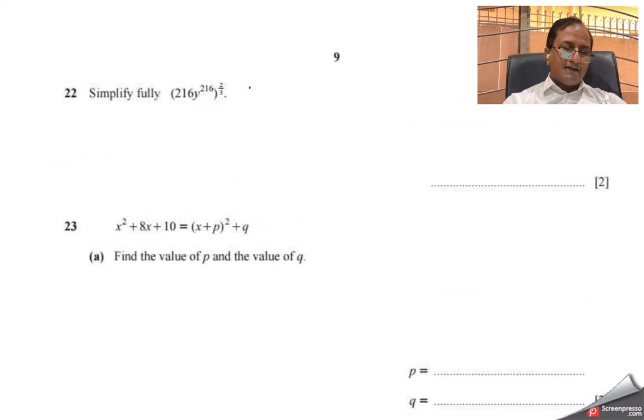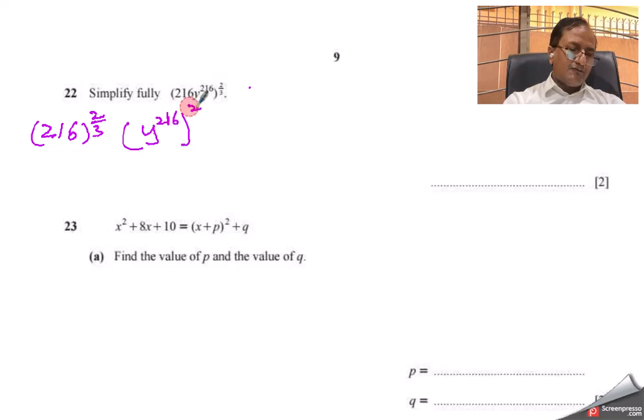Okay, for the next question, simplify fully 216 to the power 2 by 3, and y to the power 216 with whole power 2 by 3. We check that 6 cubed is 216, because 6 times 6 times 6.